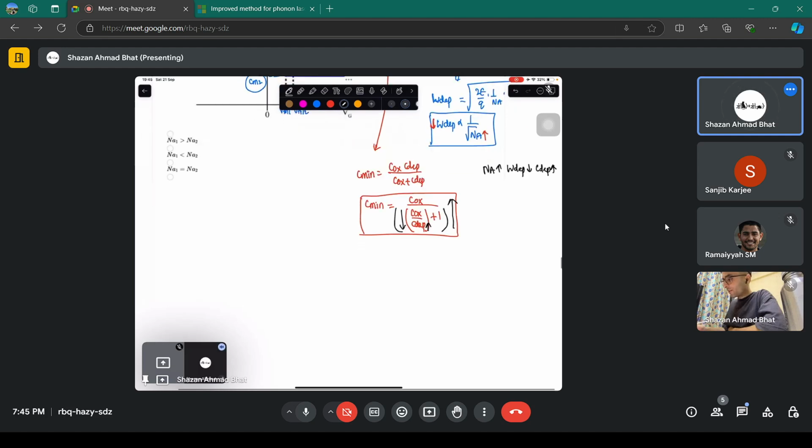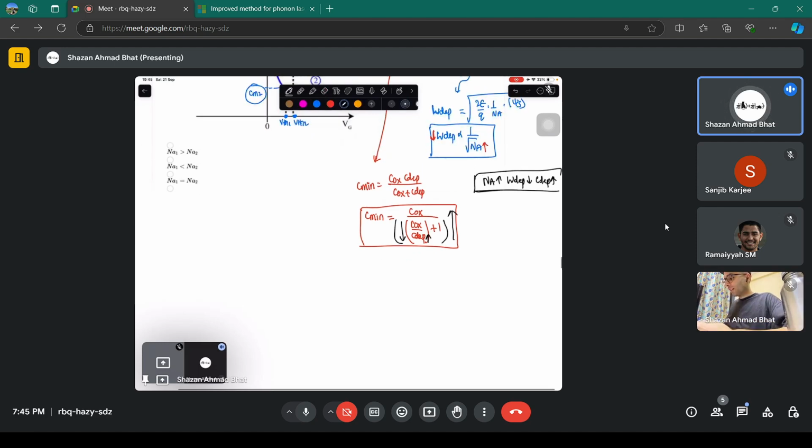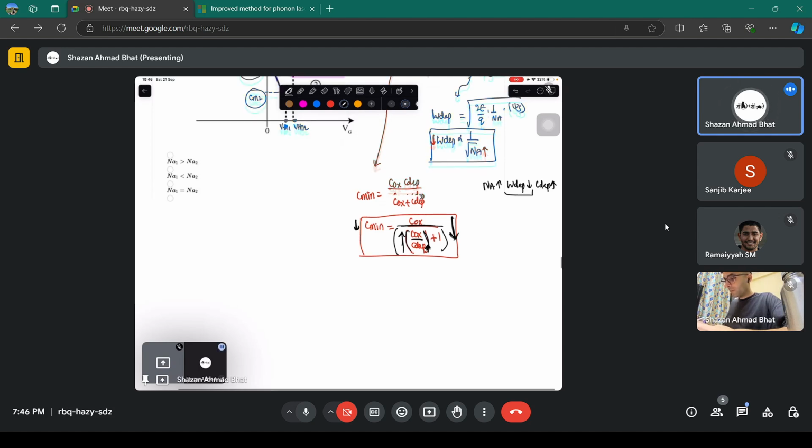You got the point. So you just have to keep in mind what happens to the W depletion, C depletion, and this thing. Because of reduction in the depletion width, the C depletion increased. Because the denominator of this particular ratio decreased, this overall fraction is going to increase. And because the denominator of this is going to increase, this overall will reduce. So that is overall going to reduce the C minimum.